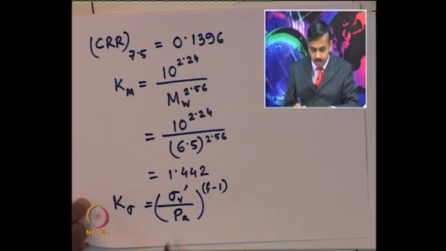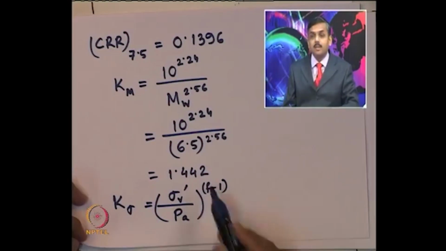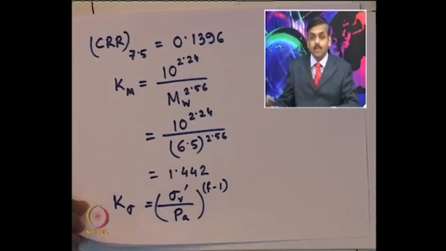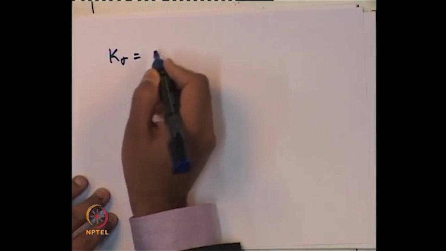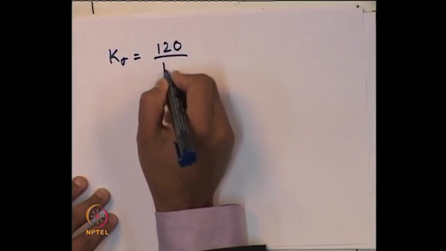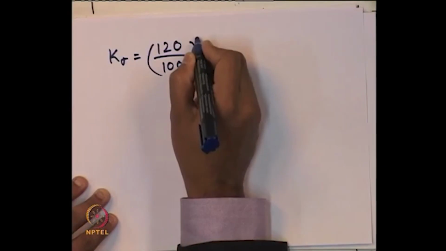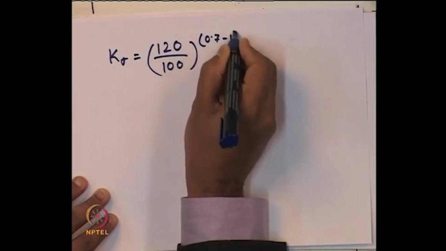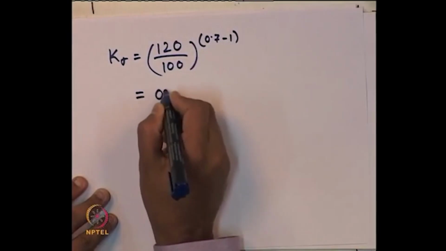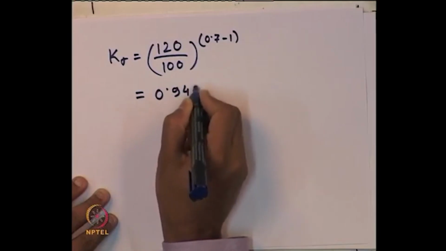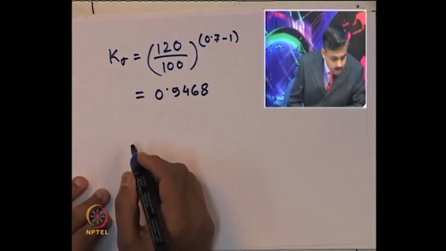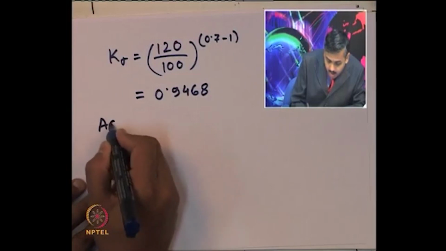In this present case, it is 120 kPa. So, we need to apply that, and the f factor is given in our question as 0.7. So, if we compute it, what will we get? The K sigma is 120 by 100 to the power 0.7 minus 1, which gives us the value of 0.9468.